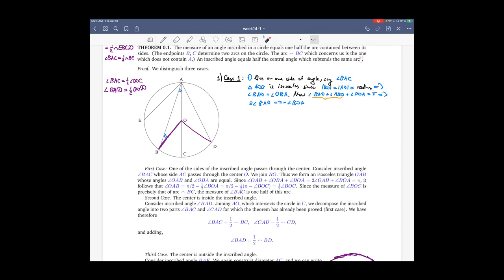But pi minus the angle BOA is exactly the angle BOC.